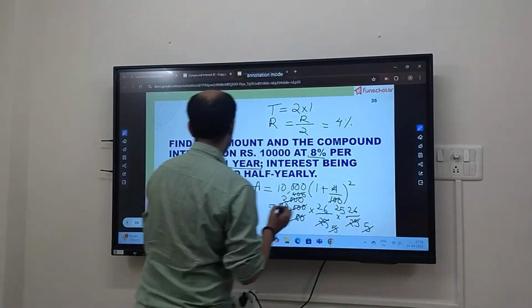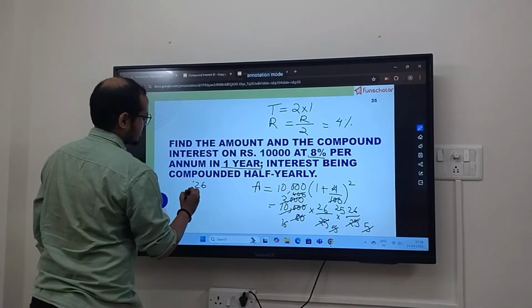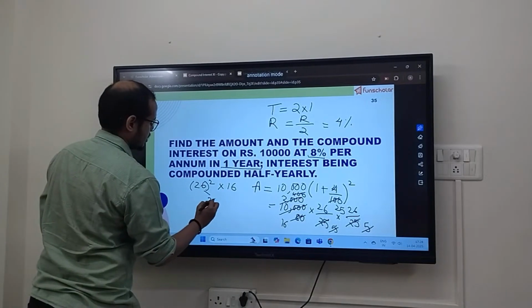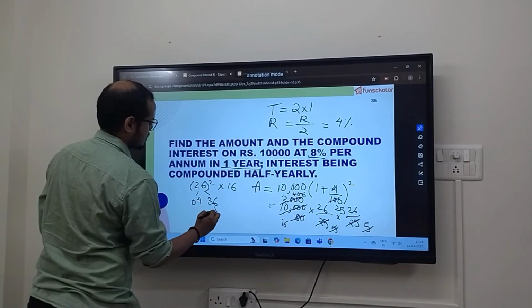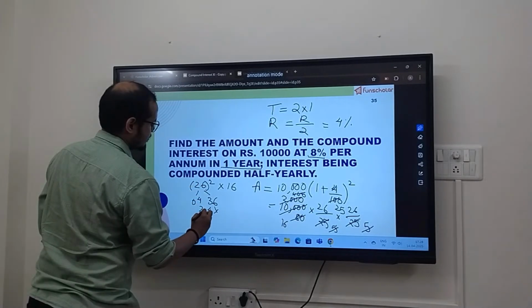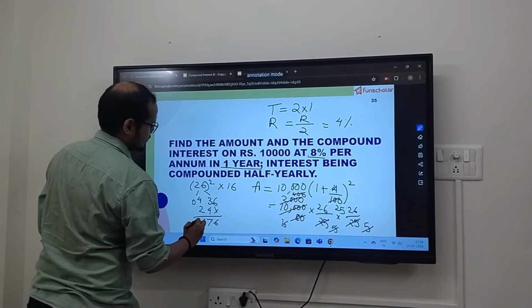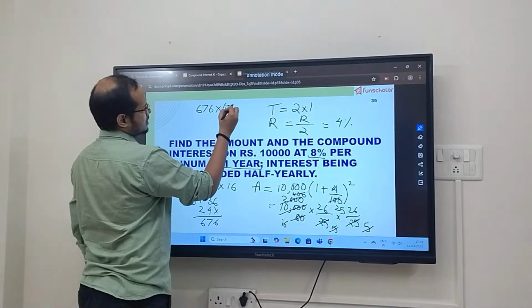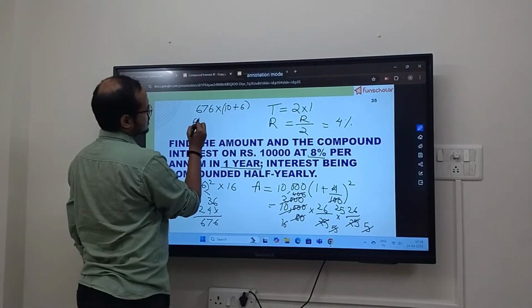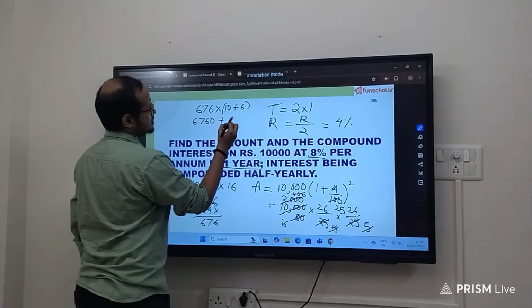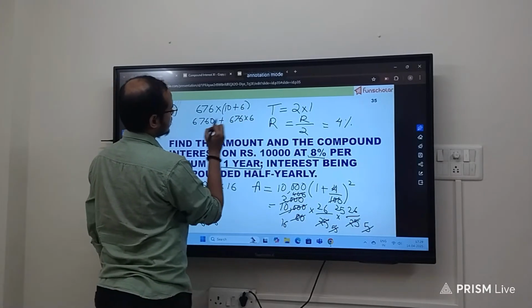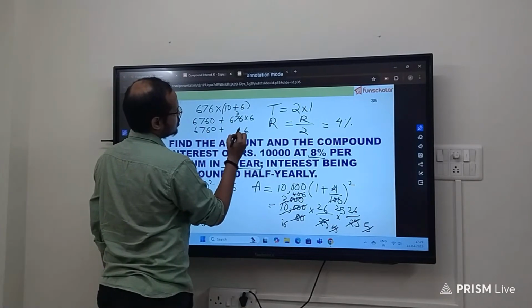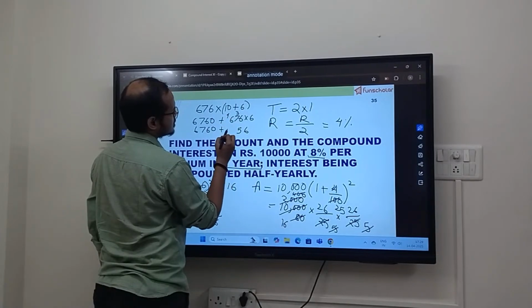So the answer will come out to be 26 whole square into 16. 676 into 16, so 676 into 10 plus 6, 6760 plus 676 into 6.